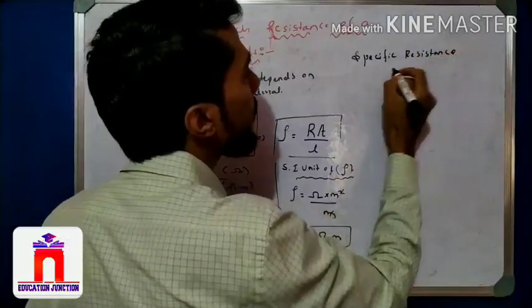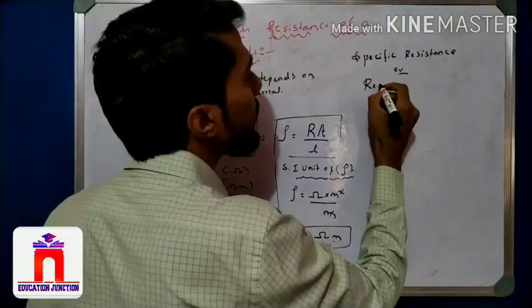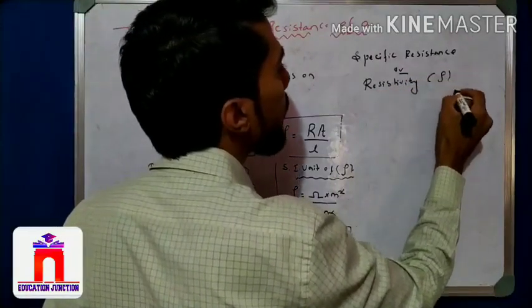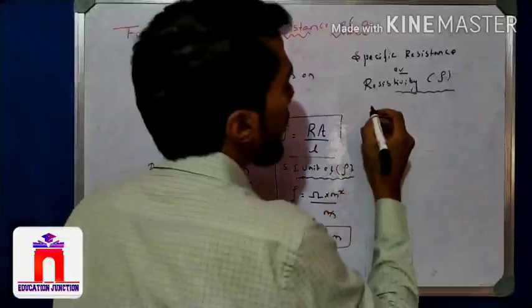Resistivity, also called specific resistance, has the symbol rho.